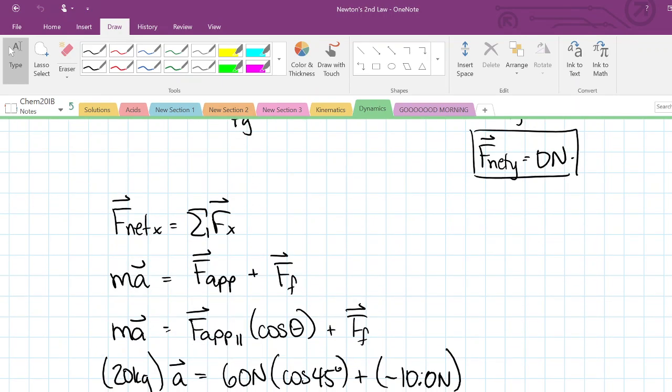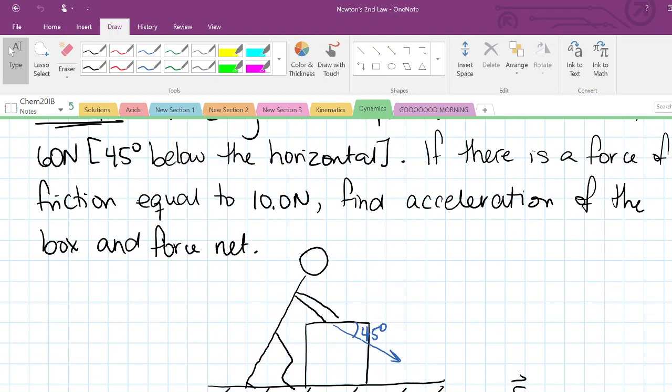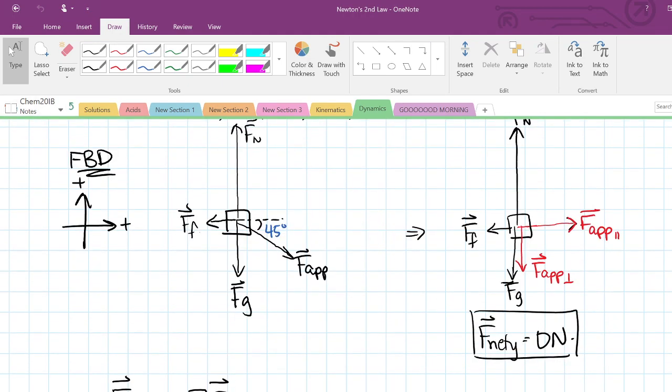The force applied is the cosine of the 45 degrees times the 60 newtons from the original push. That's why I like showing this particular setup, because now I can see that it's the force applied parallel to the surface plus the force of friction.